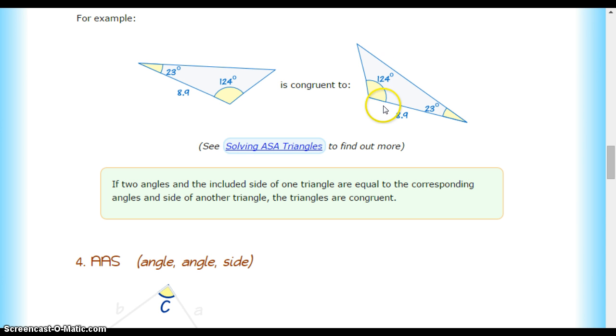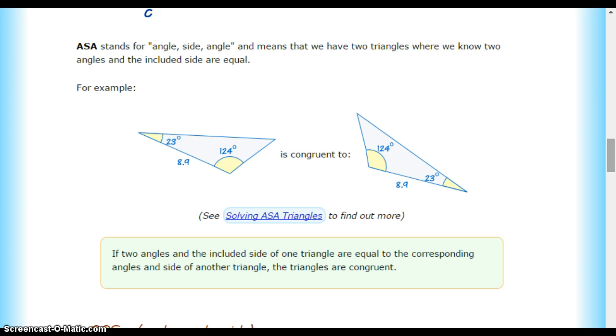So we have 2 sets or pairs of angles which are corresponding, and the side in the middle of those two angles, or sandwiched between those angles, is also the same, also corresponding. And when this happens, we can say the two triangles are congruent. Okay, so that's the ASA way.